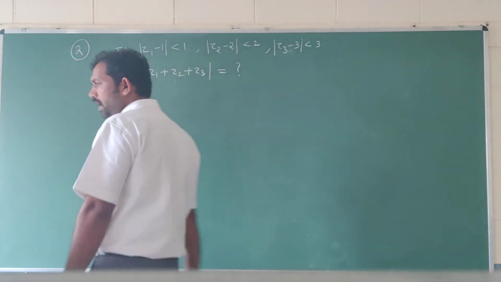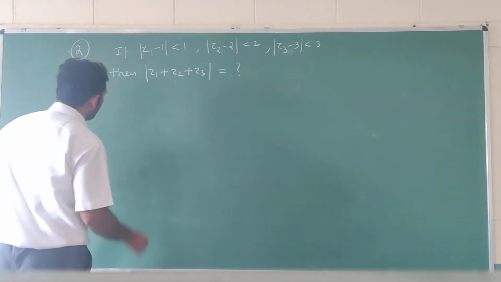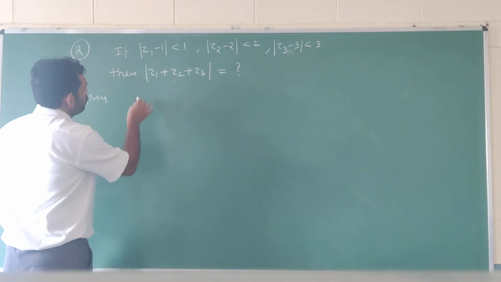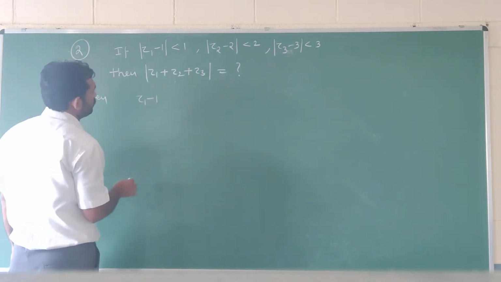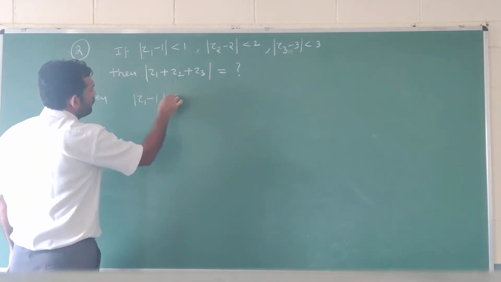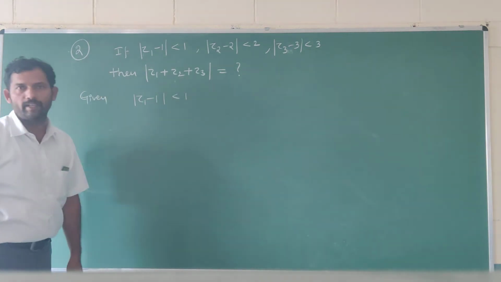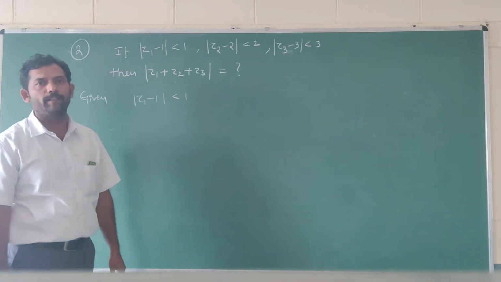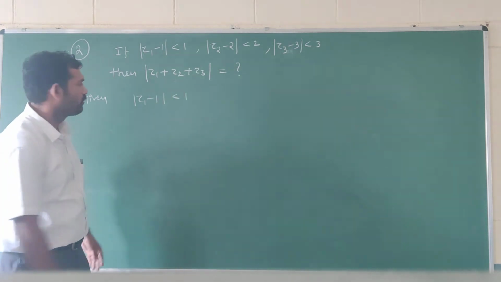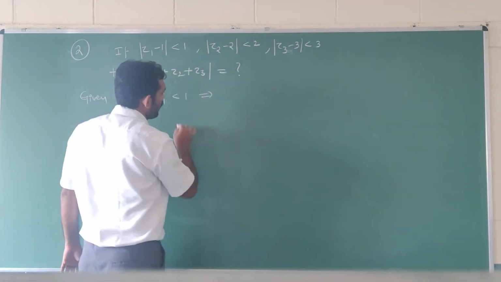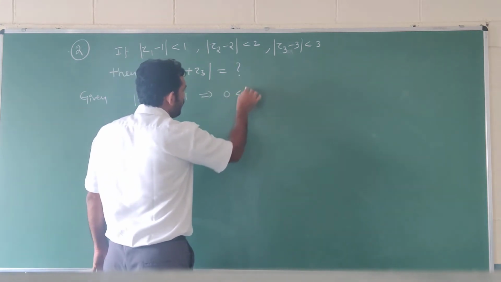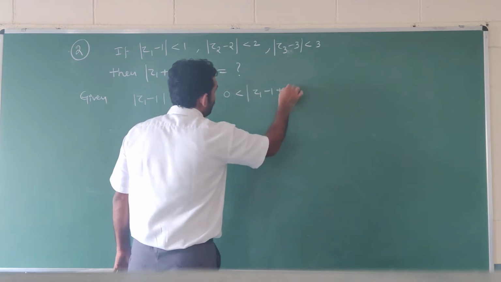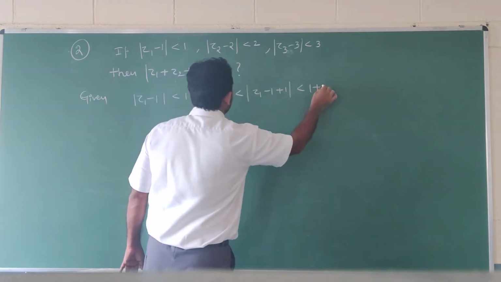Listen. So what is our given data? Modulus of z1 minus 1 less than 1. Throughout you are adding 1. So adding 1, what happens? 0 less than modulus of z1 minus 1 plus 1 less than 1 plus 1.